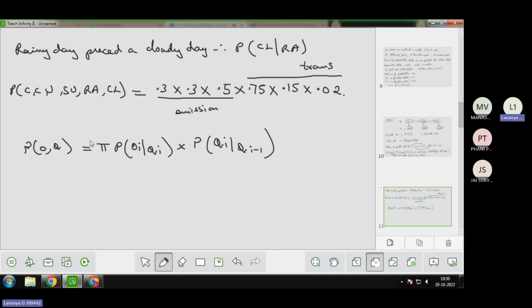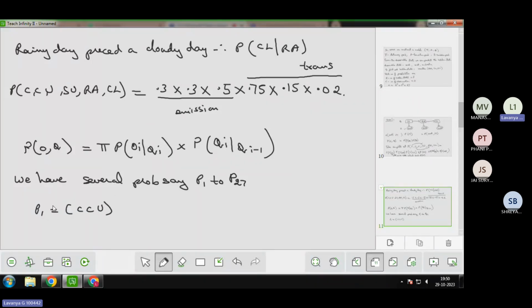Now, once you get this value, we considered one particular probability. Like this, we will have several probabilities, P1 to P27. We have considered only one such probability, say my P1, which is coat and umbrella.